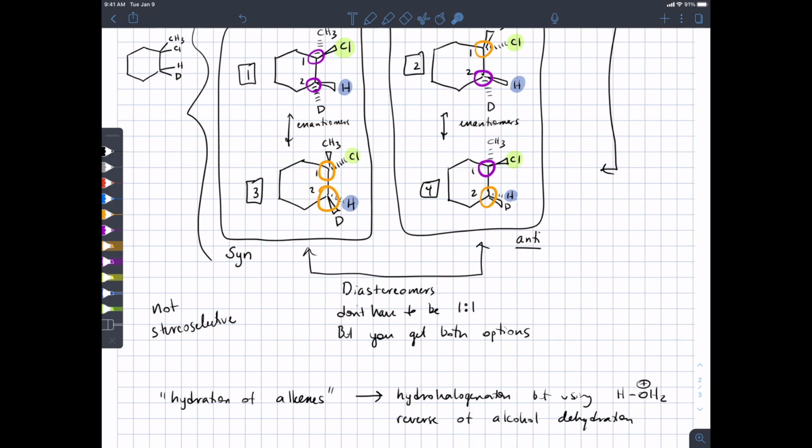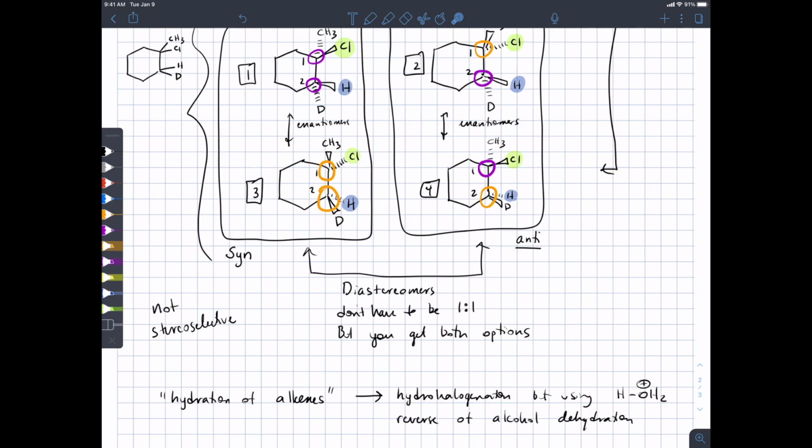There was a ton of questions and discussion in the first hour about whether the chair conformations would matter, and it's true that you could draw these 4 products and draw the 2 chairs that each of them could form, and then try to choose the most stable conformation for each diastereomer / enantiomer, and then see if you thought that one diastereomer was more stable than the other. But it turns out product stability only matters a lot when the reaction is in equilibrium, and in that case the most stable product wins.